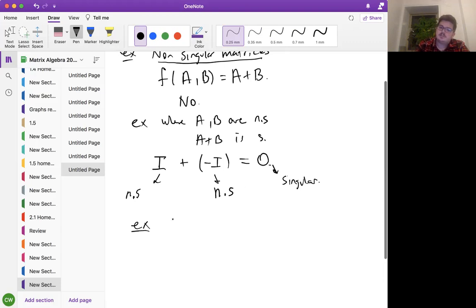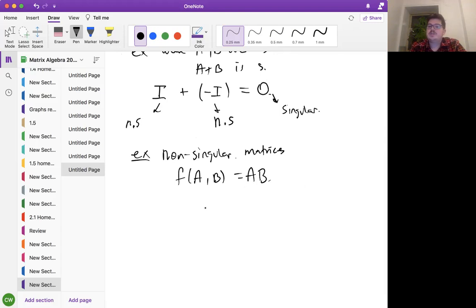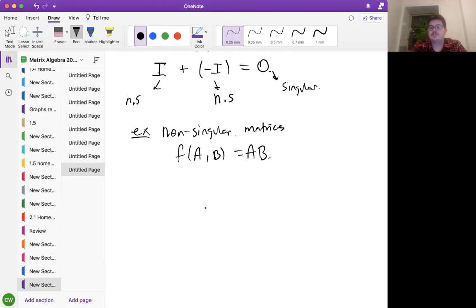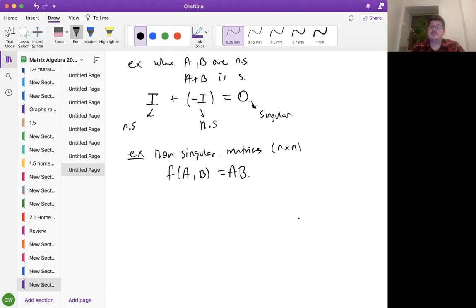How about multiplication? Is that a closed operation under non-singular matrices? I should say, give a specific dimension, right? Because it wouldn't work for different dimensions. How about non-singular matrices when you take the product?